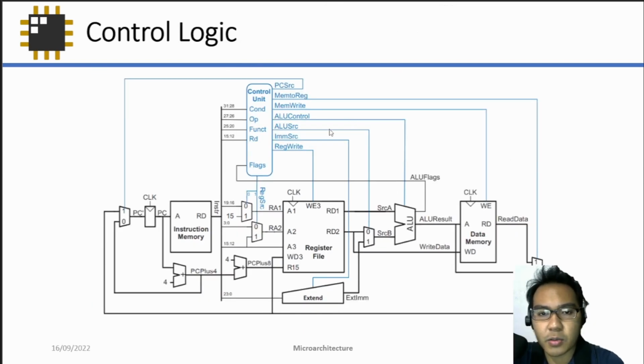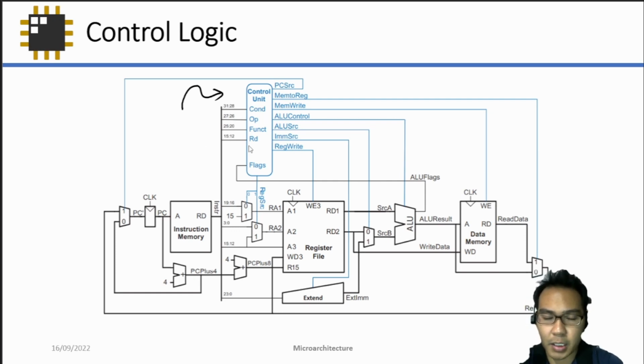So now let's talk about the control logic now that we have them all. We have the PC source, mem to reg, mem write, ALU control, ALU source, im source, and reg write. And also reg source. So don't forget reg source. ALU flags goes into flags, which is an input to the control unit. So basically, the goal is to make a combinational control unit that calculates, according to these inputs and ALU flags, the control signals for the next instruction.